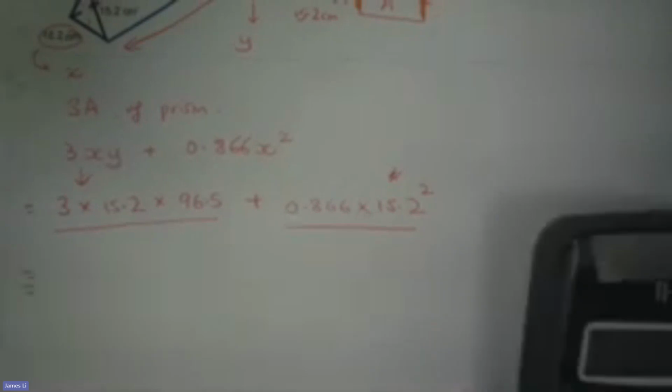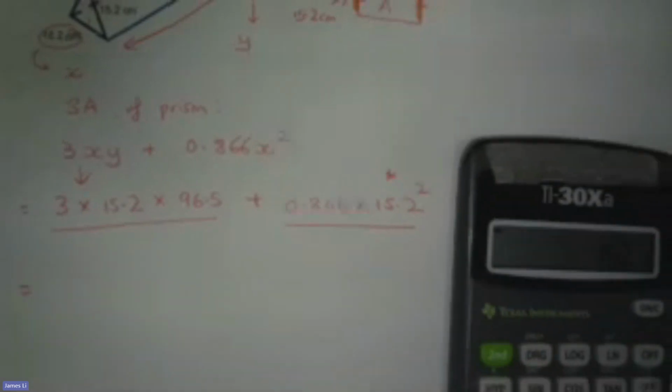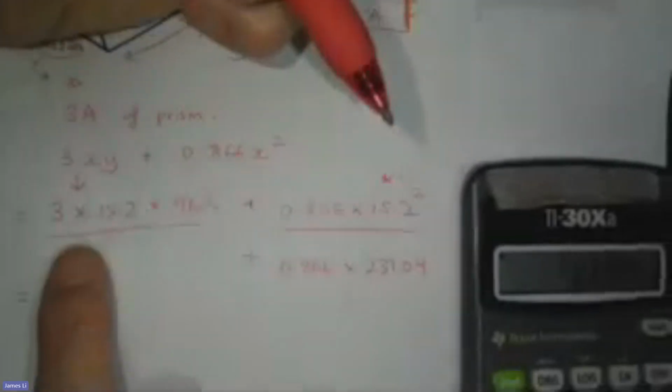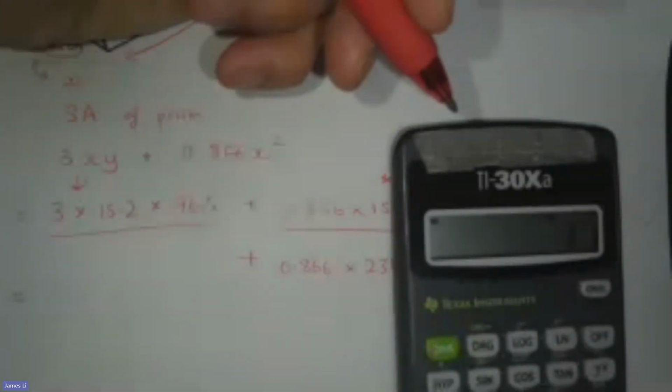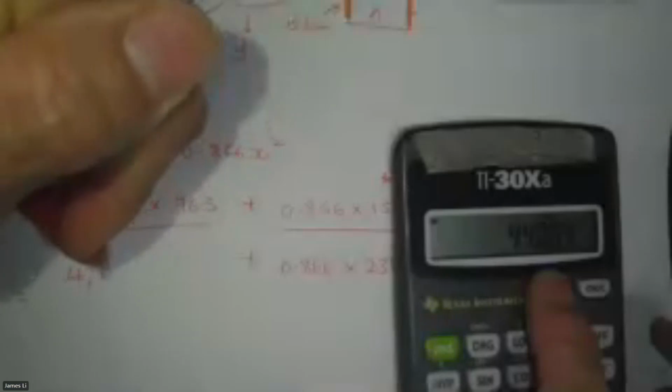Taking the calculator out, 15.2, you press the x square button, you will get 231.04. So it's 0.866 multiplied by 231.04. Plus comes down. I'm going to calculate this part now. 3 multiplied by 15.2 multiplied by 96.5, you will get 4,404.